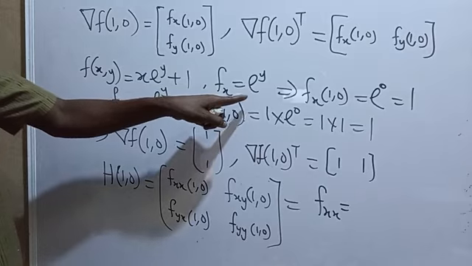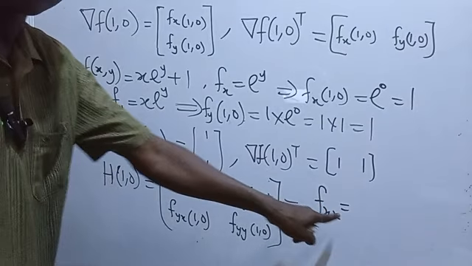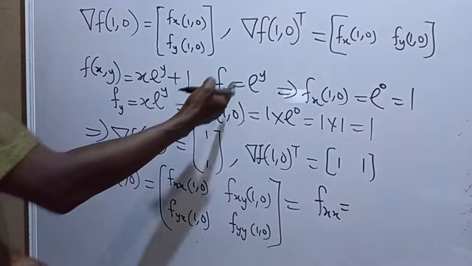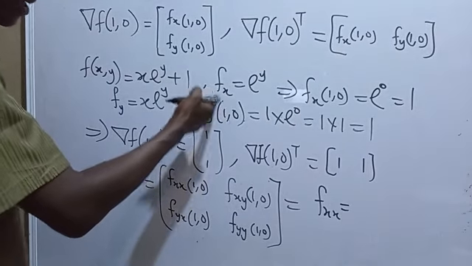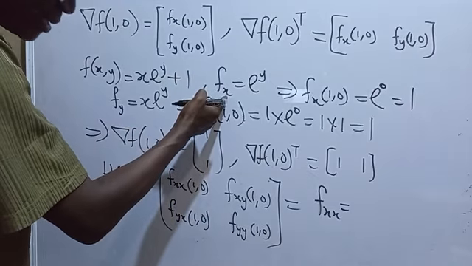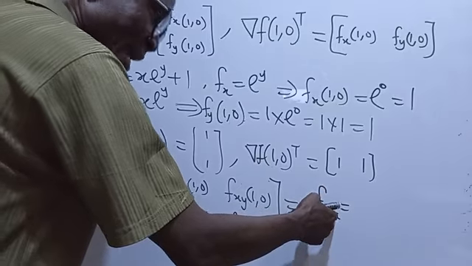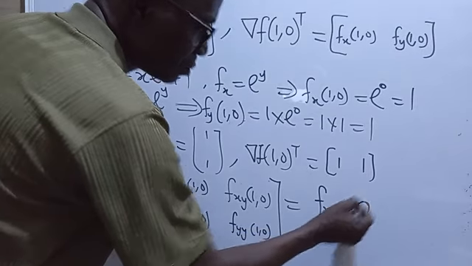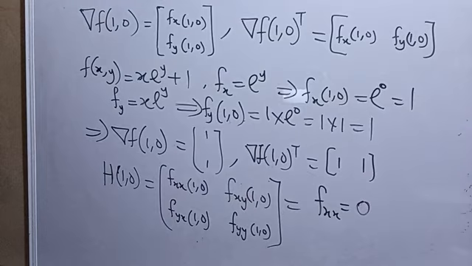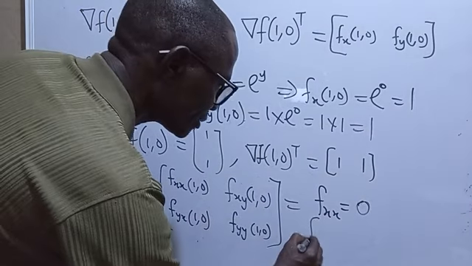Now if you want to differentiate this with respect to x again, because we said f_xx, unfortunately you don't have x, so this will be 0. This value does not have x, it will be 0. Now the next one, f_xy.